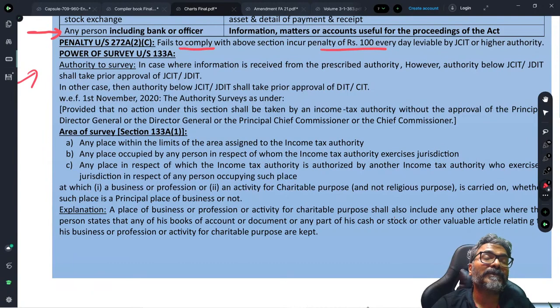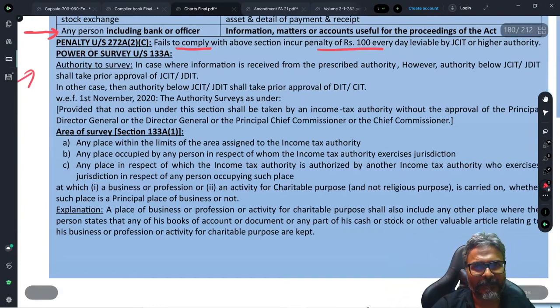Apart from the place of business, it is also extended to even the area of residence where the SSE lives, isn't it? His residence, where the SSE stays. So that is also an area which can be searched. But in the case of survey, it is only the place of business. I hope that all of you are clear with this one.